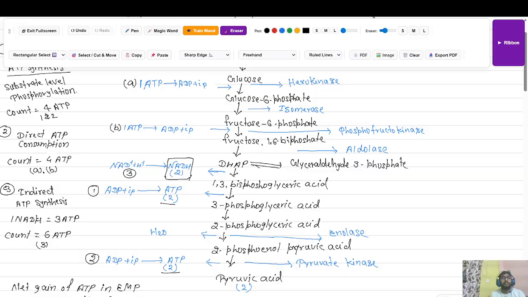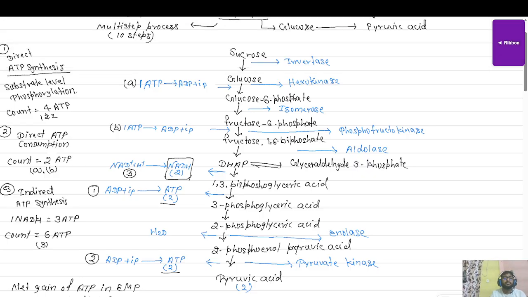It was not 4 ATP, it was 2 ATP, because directly 2 ATP have been consumed. So total 10 ATP, because 6 ATP here and 4 ATP here, 10 ATP minus 2 ATP consumption, equals 8 ATP net gain. That is the net gain of ATP in glycolysis. Thank you very much for today.